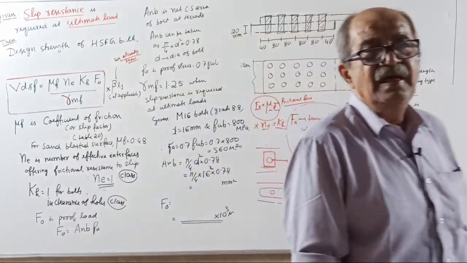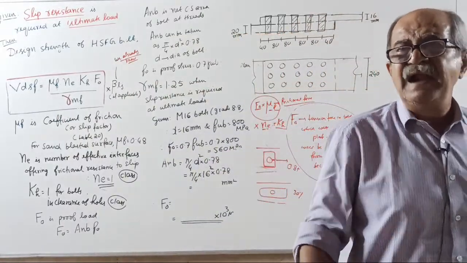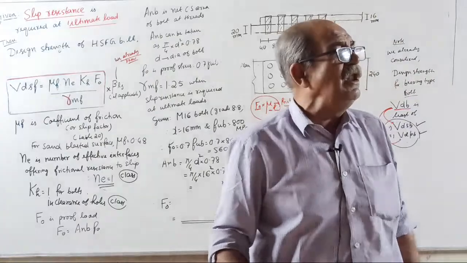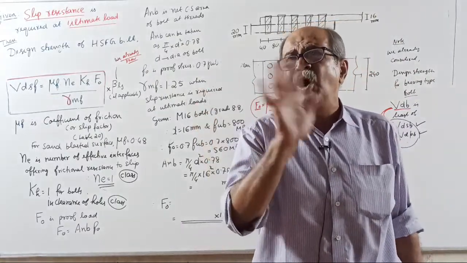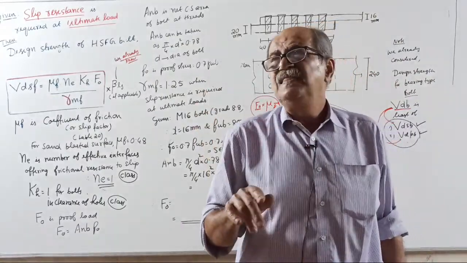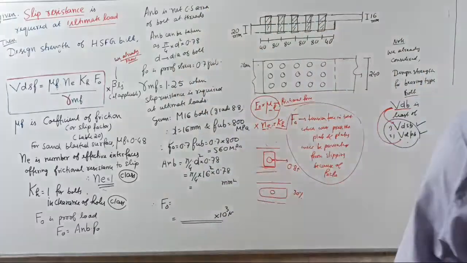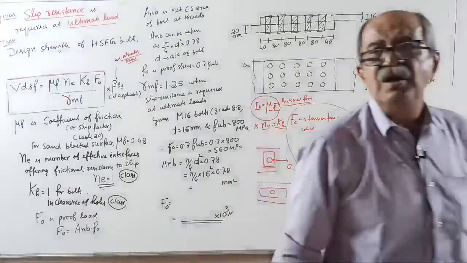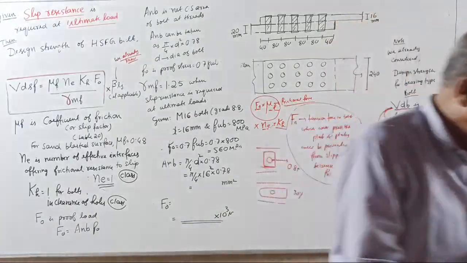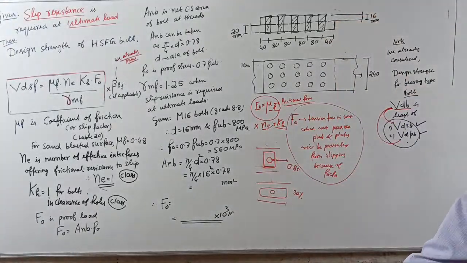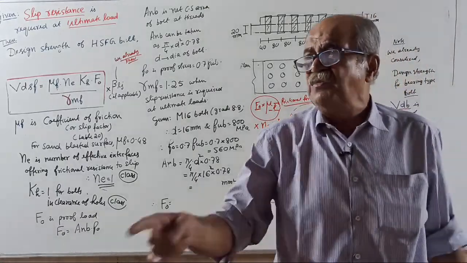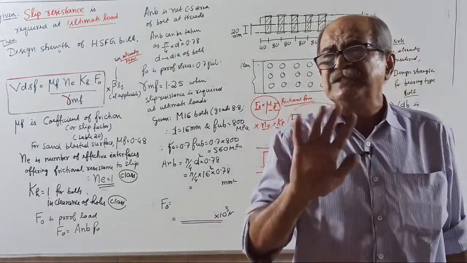Tell me. Under normal cases, working load conditions, they do not want slip. But they told, okay, slip is allowed at what load? Working load, actual service condition, they do not want slip.